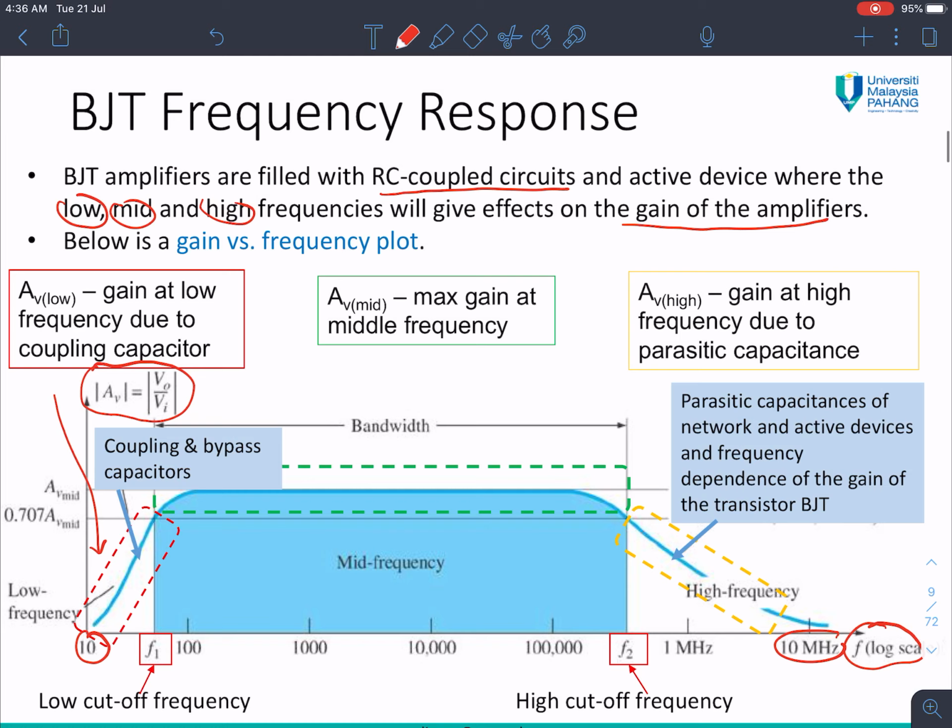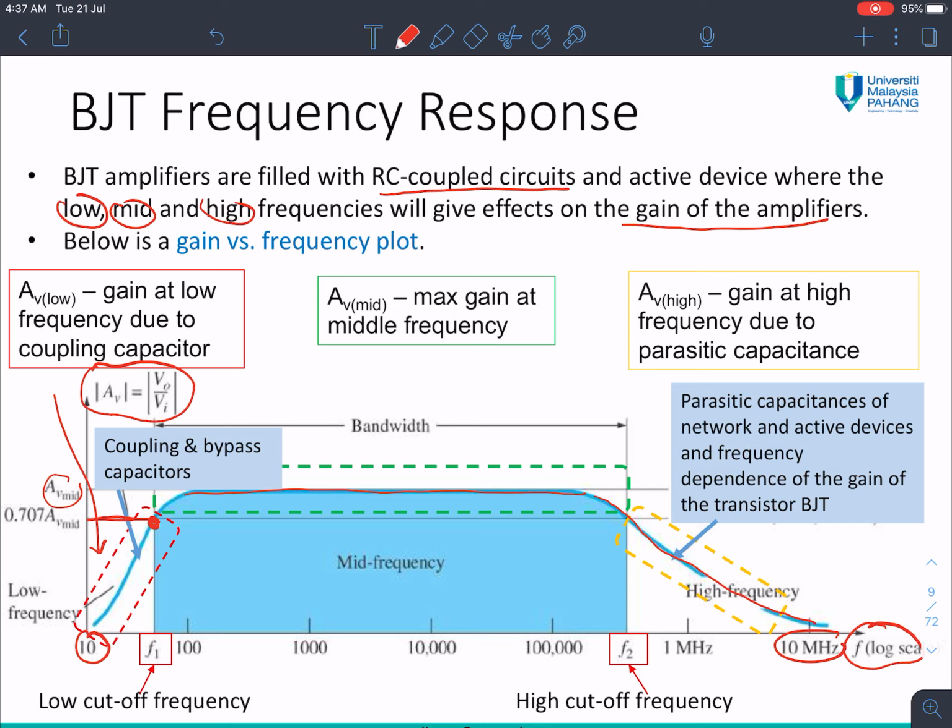It starts from 0 and increases until 0.707 here. If you can see here, the maximum gain is 1 at Av mid. This is the maximum gain Av, and it reduces here.